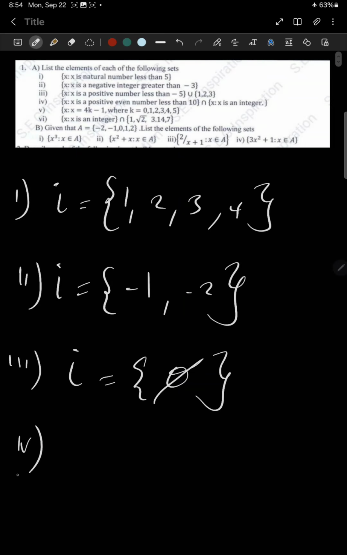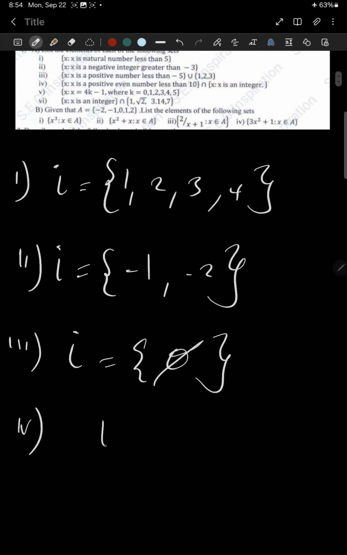Okay. Then number 4, x is a positive even number less than 10. Now notice what they're saying. X is a positive even number less than 10. Then they say intersection x is an integer. Okay, so x is an integer.